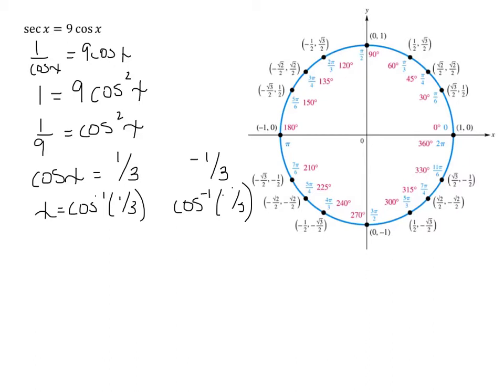And when I take the inverse cosine of 1/3, I get that x is equal to 1.231. If I think about this as being in radians, I can think about the fact that 1 radian is here. So 1.2 radians is probably like there-ish.